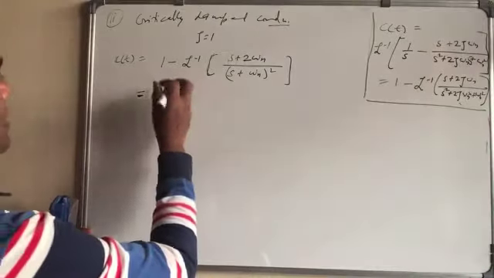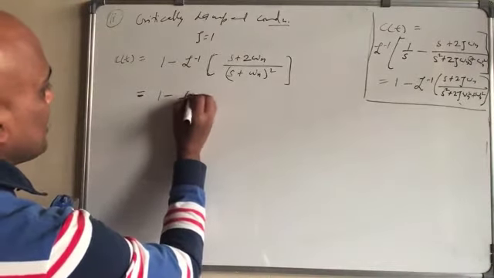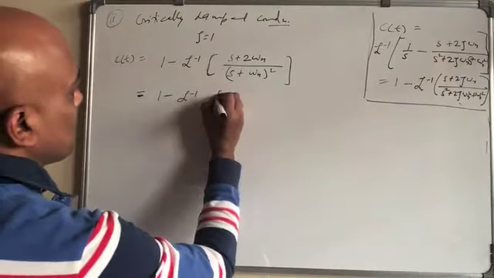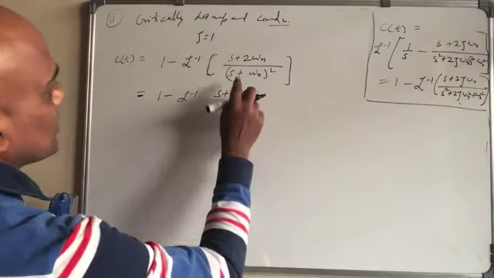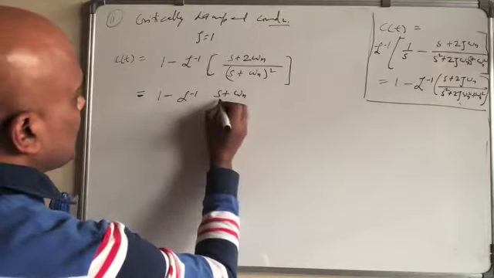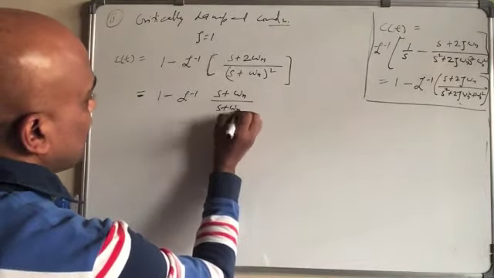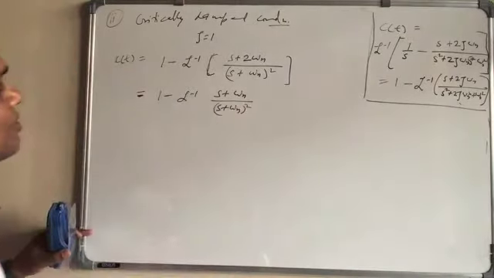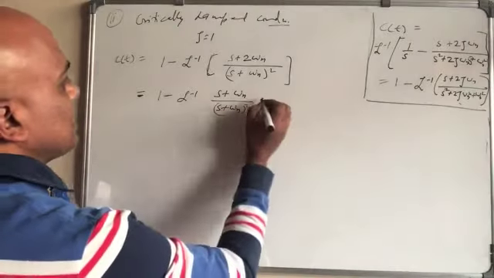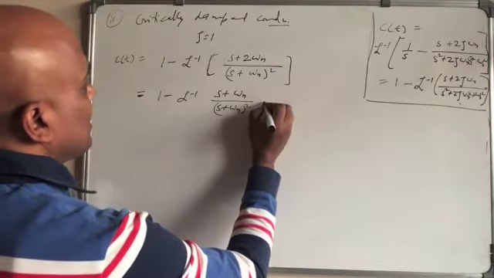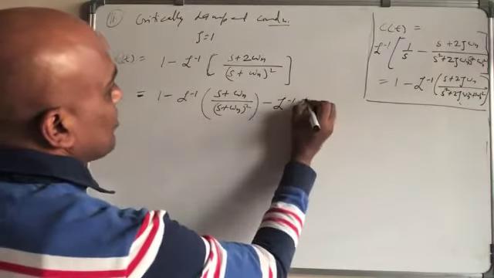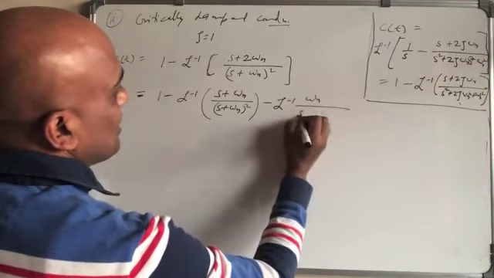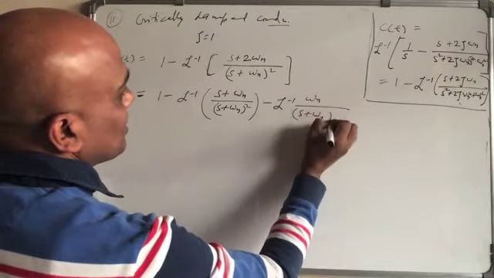so we get C(t) equal to 1 minus L inverse, and then you have S plus omega n divided by S plus omega n square, you get 1, and then you get minus L inverse omega n over S plus omega n square.